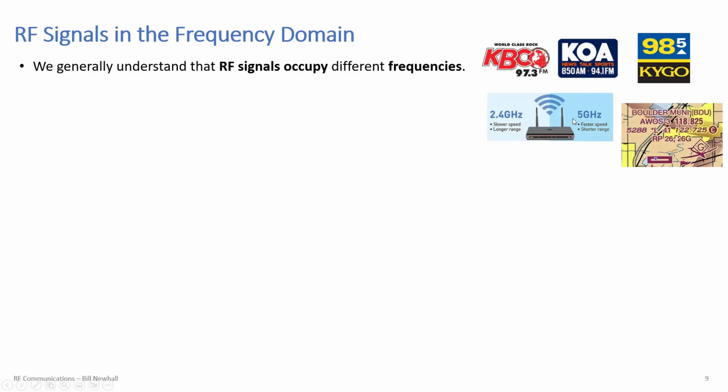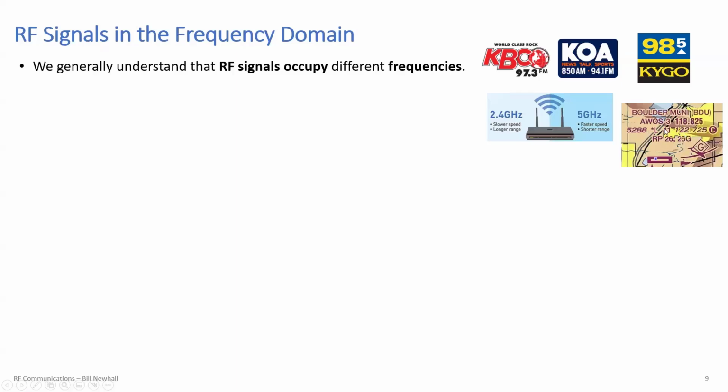You've seen your router operate, you can set up two different networks on 2.4 gigahertz or 5 gigahertz. Those are two different frequency bands that you can use. And in aviation, since we deal with aviation in lab, you have frequencies here, 118.825, that's the automated weather broadcast from the Boulder Airport, and 122.725 megahertz, that's the common traffic advisory frequency for Boulder Airport.